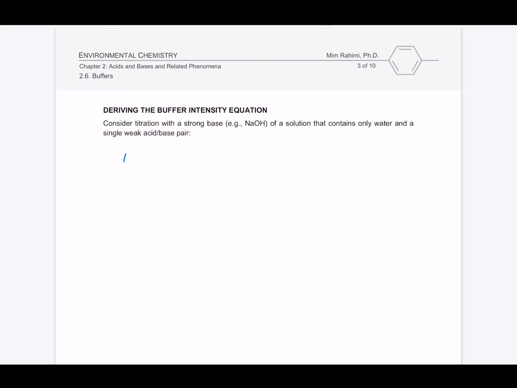So obviously the reaction that we're dealing with is, before that even, it's always the reaction of water, and then the acid-base reaction.